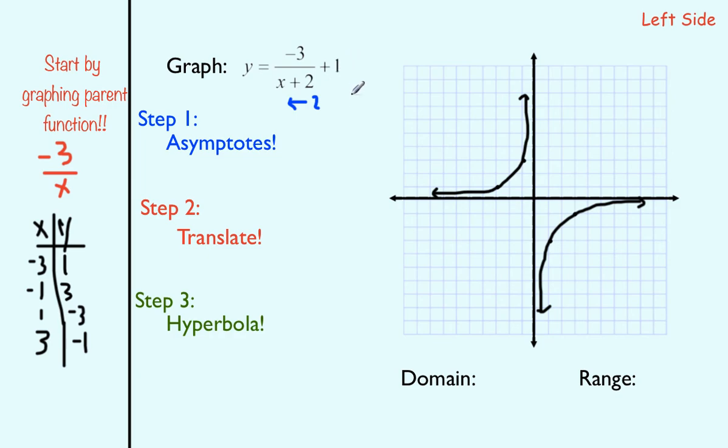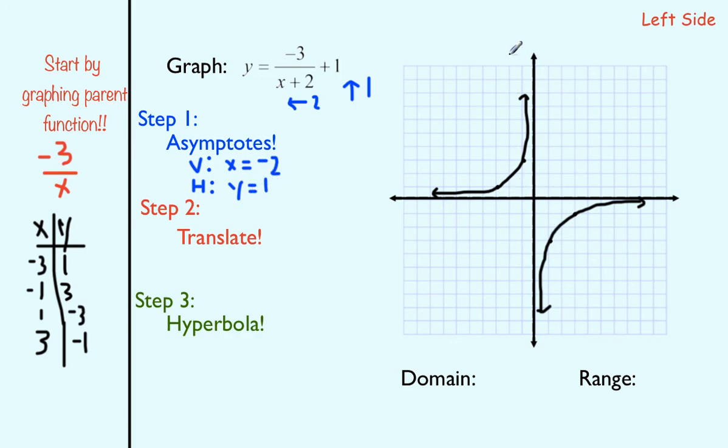K tells me to move up 1. So that means my asymptotes are moving as well. Your vertical asymptote is at x equals h. So x equals -2. We do the opposite. And your horizontal asymptote is at y equals k. Keep the same sign here, so it's at y equals 1.